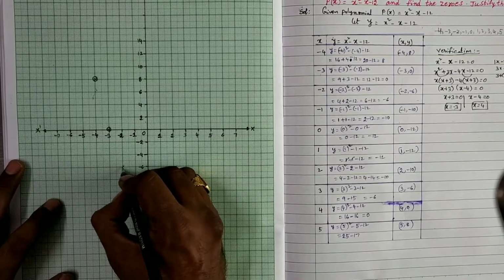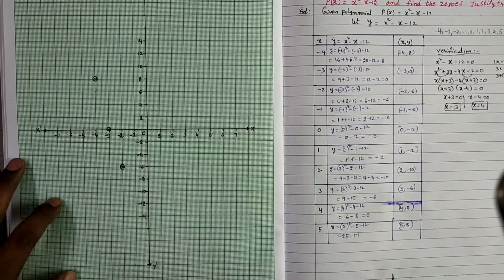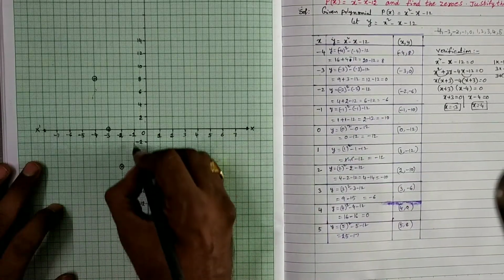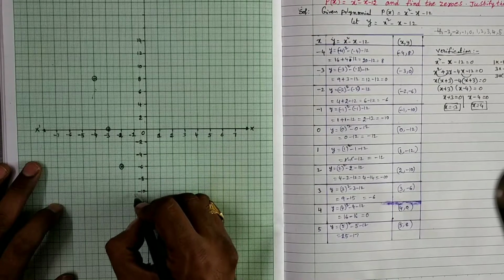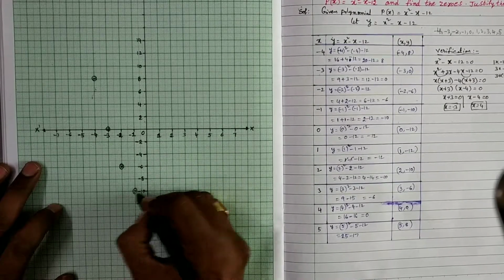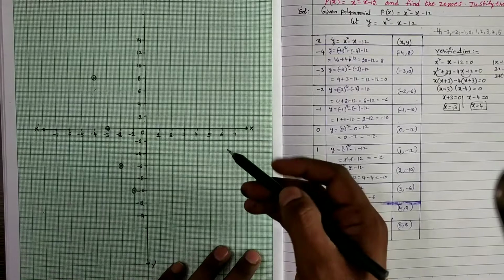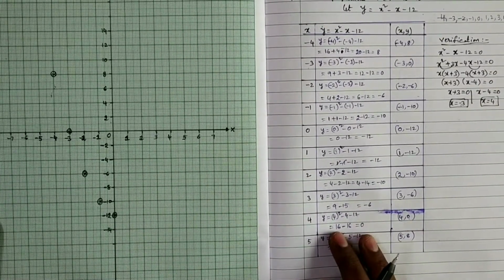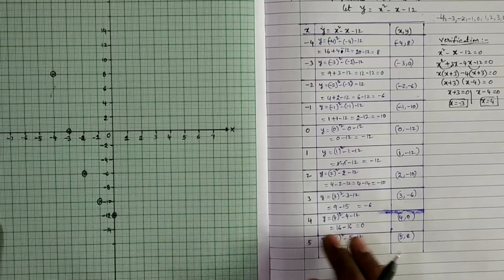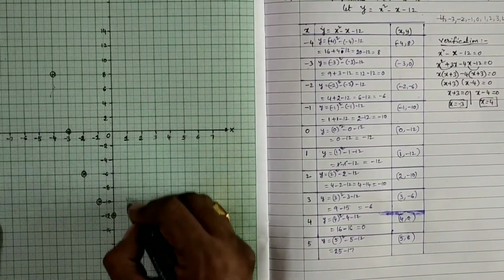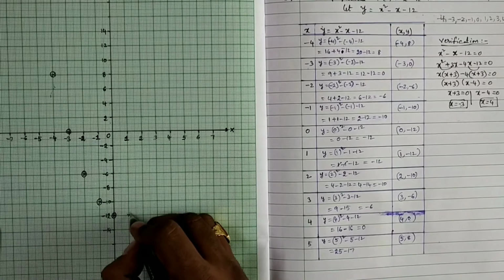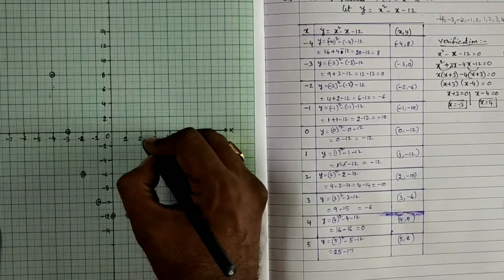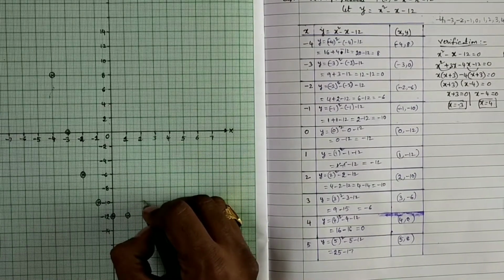For minus 1 the value is minus 10. So for minus 1 on the x-axis, that value is minus 10. For 0 it is minus 12. So this is the point. And for 1, minus 12 again. For 2, minus 10.